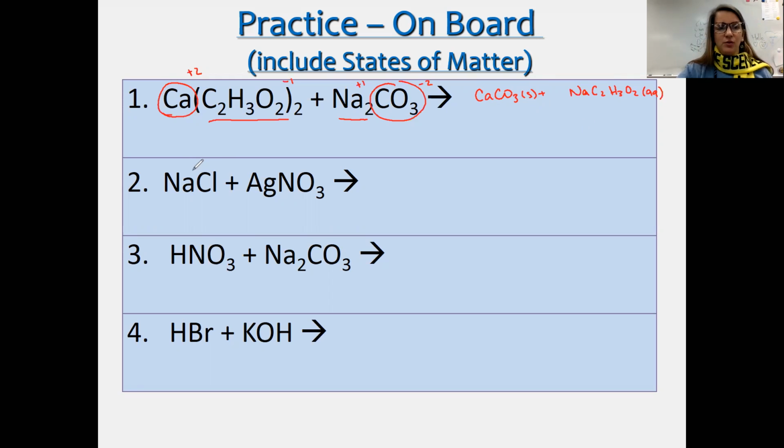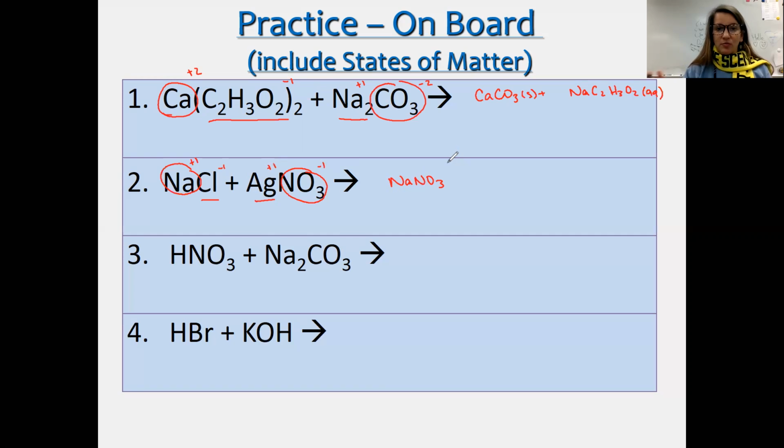Let's take a look at number 2. Outsides with outsides, insides with insides. Sodium is +1, chlorine's -1, silver's +1, nitrate is -1. So we have NaNO3, and it doesn't matter which product you write first, okay? If you put the outside ones first or the inside ones first, it doesn't matter.